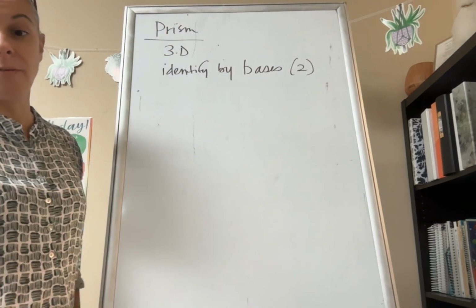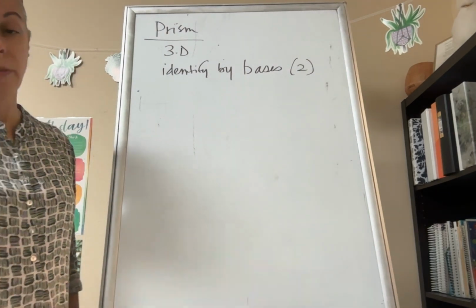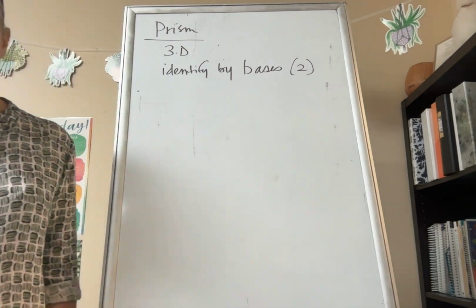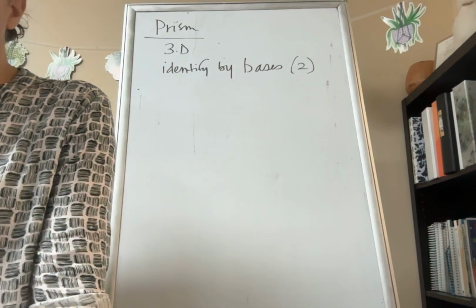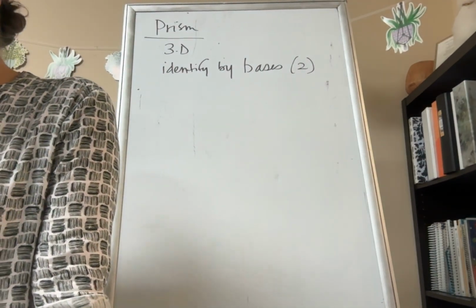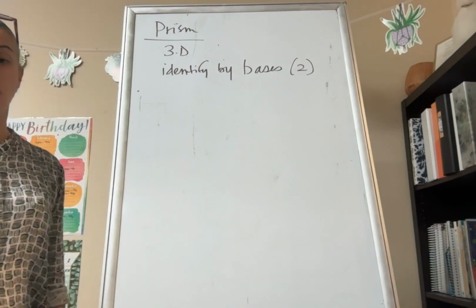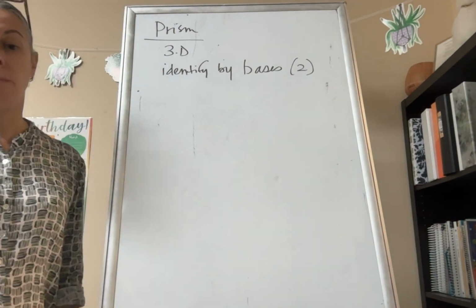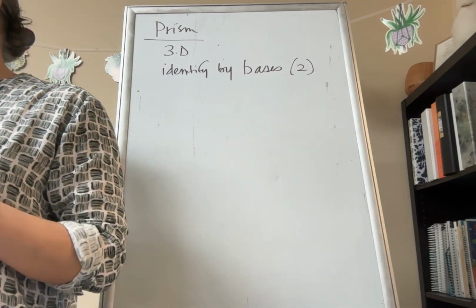I can have a hexagonal prism. You see that in your book there on the first page of the lesson. A prism has two bases that are polygons that are congruent. They're equal in size, okay? And everything else is called a face on that prism.